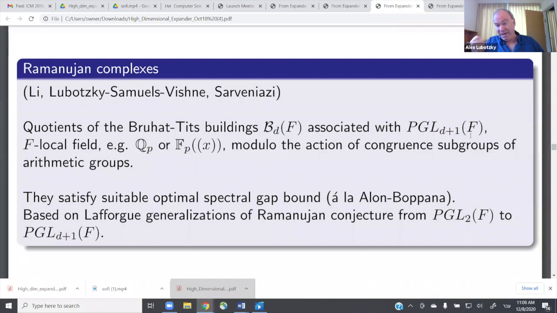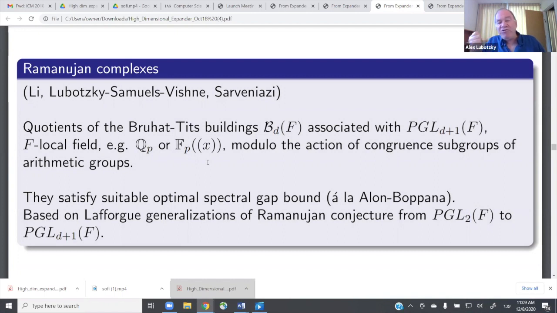In the case of dimension d, if d+1 equals 2, d equals 1, we get an infinite contractible space of dimension 1, namely a tree, the p+1 regular tree that I talked about. So these are kind of higher-dimensional versions of trees. And if we divide them by the action of a congruence subgroup, we get finite simplicial complexes.